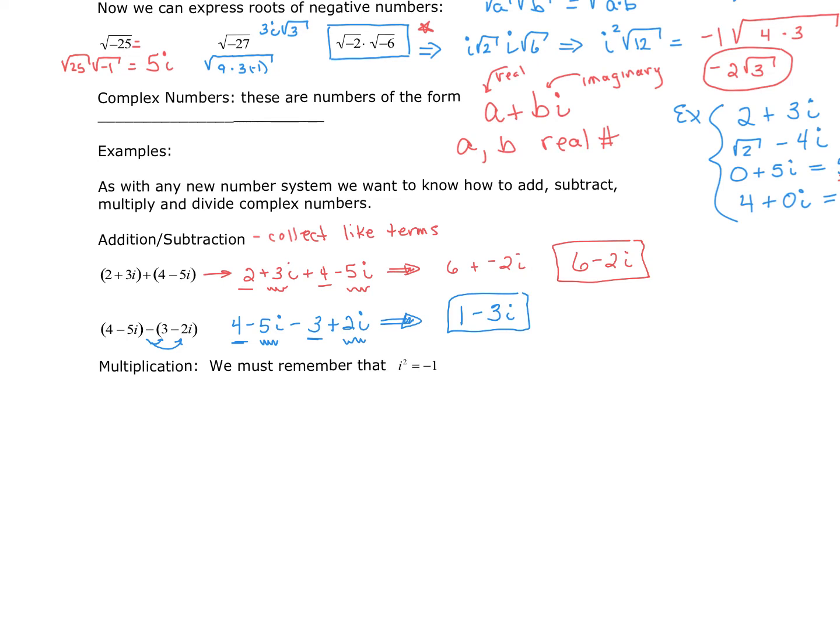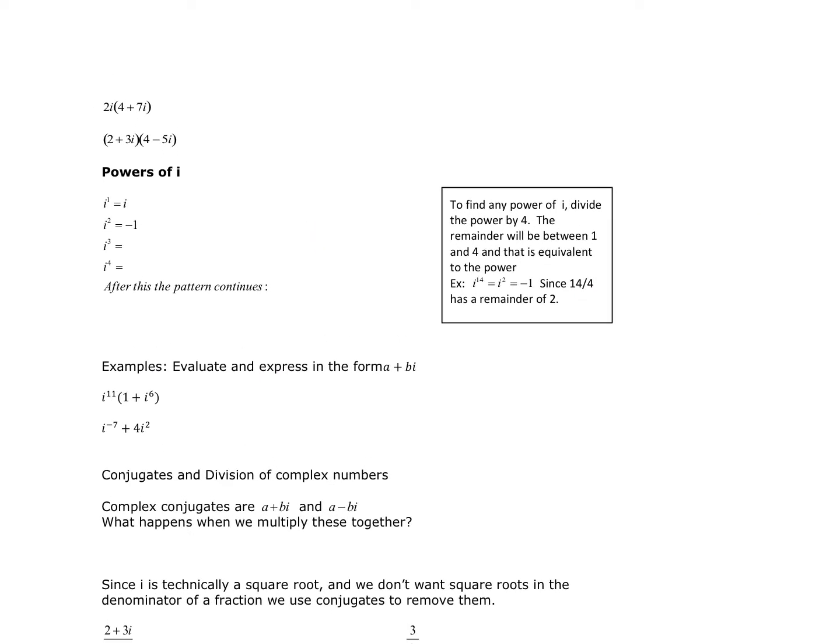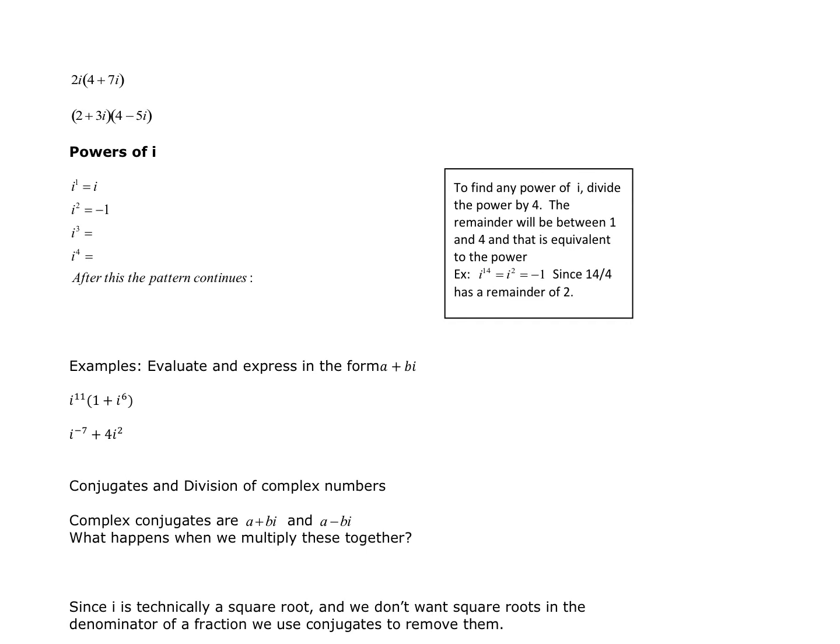Why they call it complex numbers, I'll never know. For multiplication, there is one thing that we just really need to pay attention to, and that is that i squared is negative. So as we look at these examples here, we basically distribute our 2i, and in this particular case, we're going to get 8i plus 14i squared.